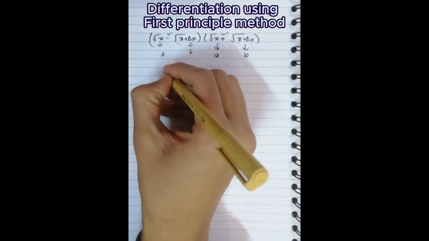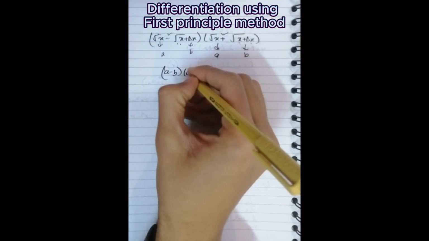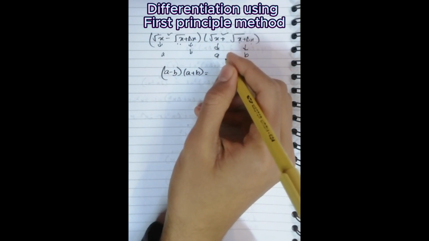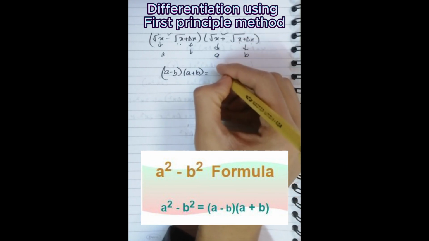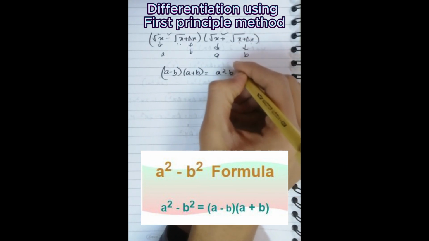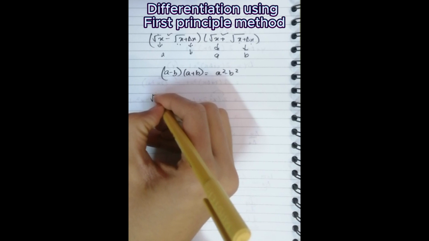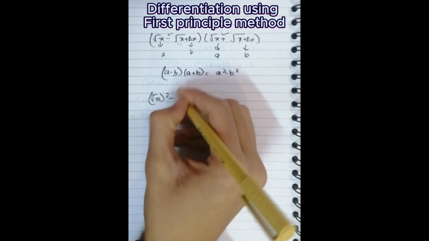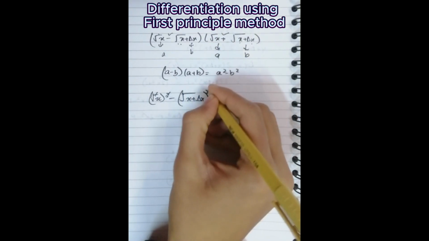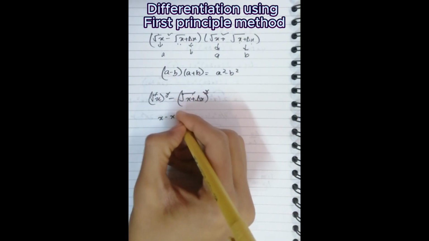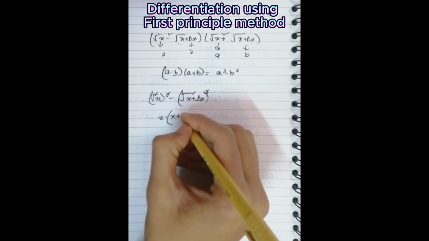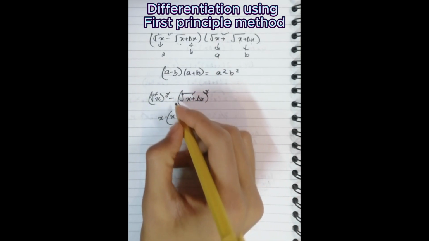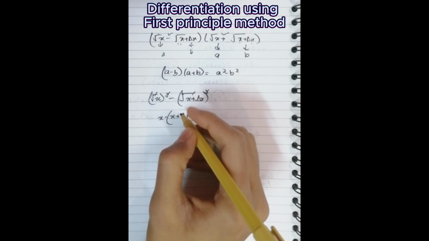So you see that I get the form a minus b and a plus b. What does this show? Actually, a minus b and a plus b is a formula which is represented by a squared minus b squared. So I can write this in the form root x squared minus root x plus delta x squared, okay? And after doing this, I can cancel the squares, so I get x minus, actually no, I have to use this minus sign with a bracket, because the minus sign is going to cause trouble for our equation.